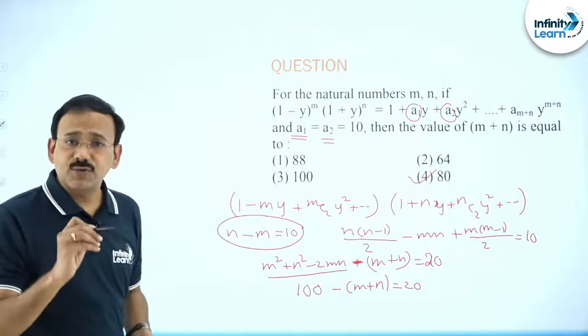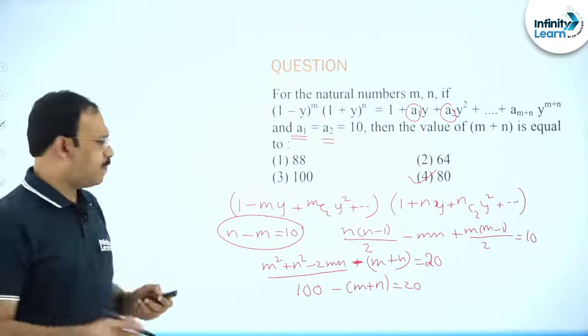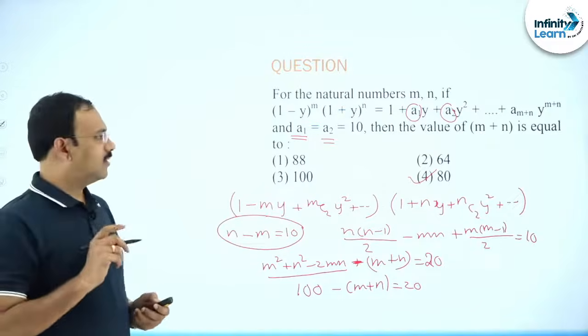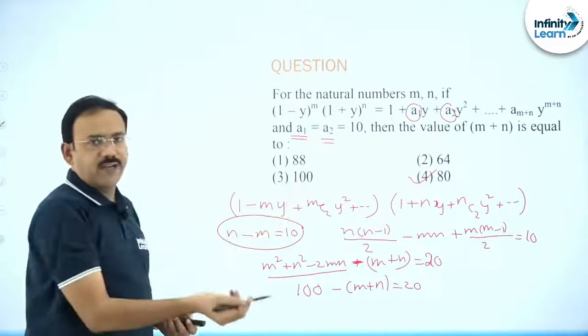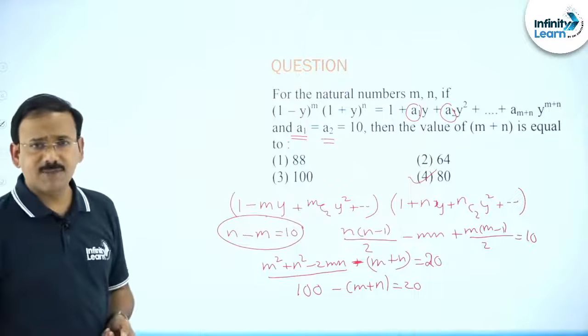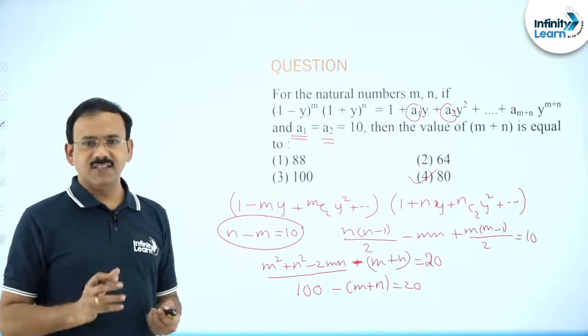In fact, dear students, to answer this question, what knowledge is required? Simple, binomial expansion is point number 1, how to find the y coefficient and the y square coefficient. Then after that, a little bit of algebra. You do not require higher knowledge like integrations and all these things.